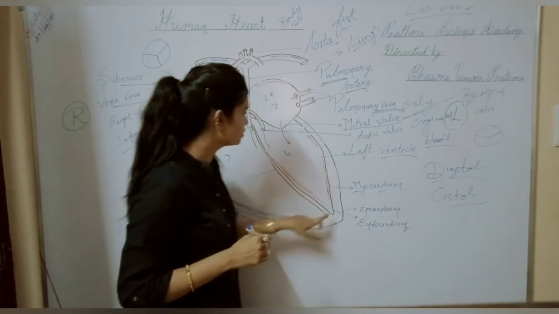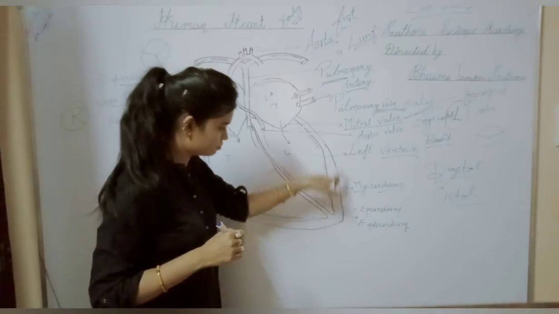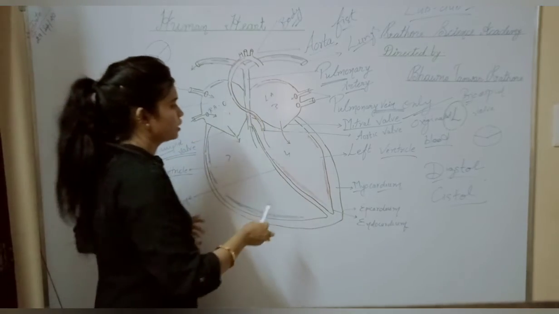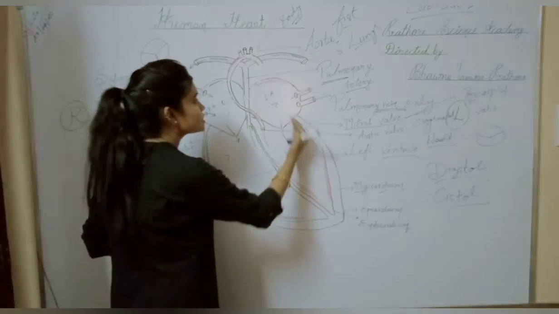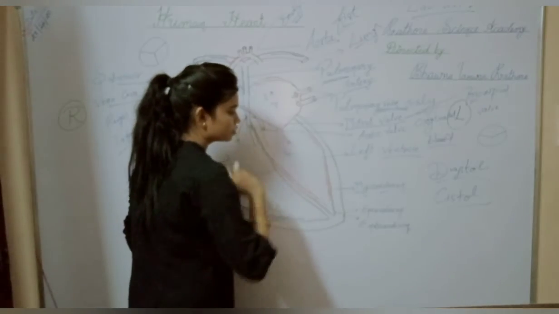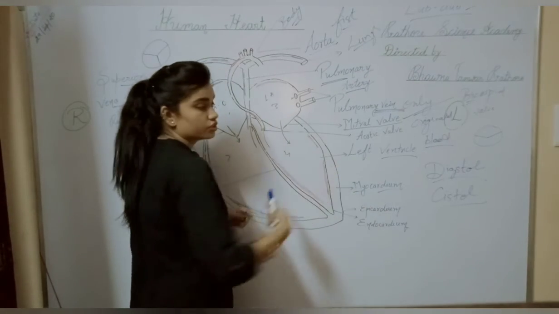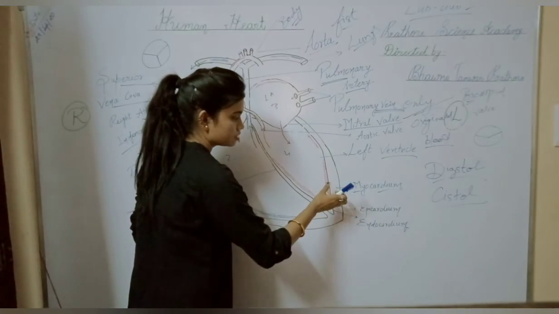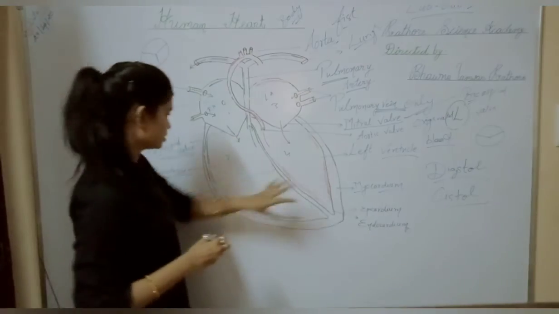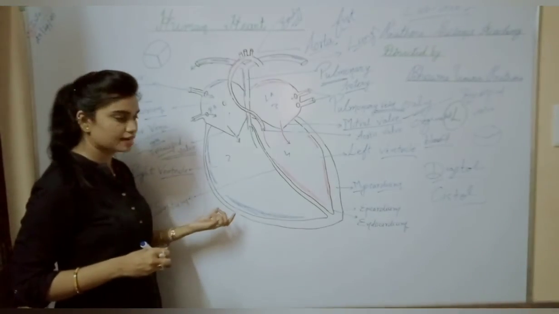These cardiac muscles supply the blood to the whole heart, and this portion has to supply oxygenated blood all over the body. So they have to work much, and these muscles are larger in number to supply energy, right? That's why they have more muscle, and here we find less muscle.